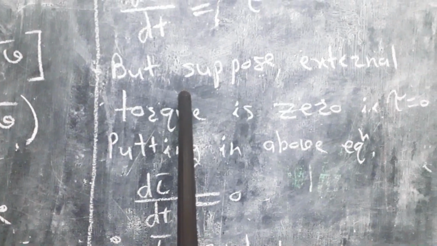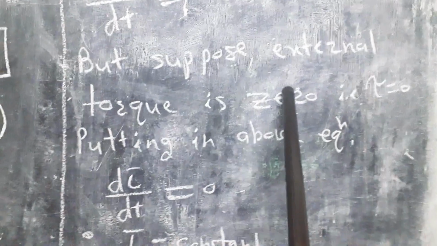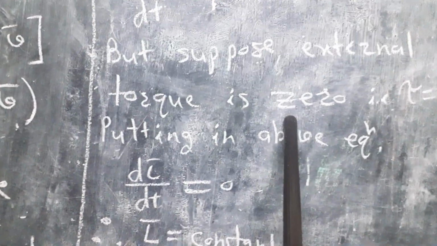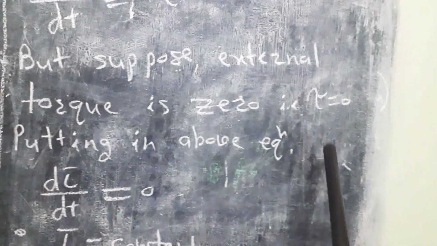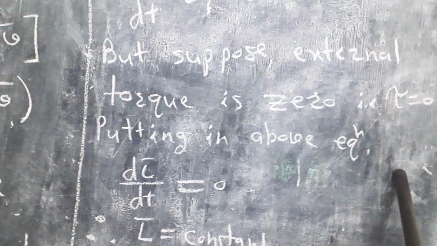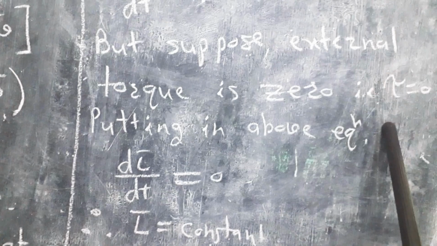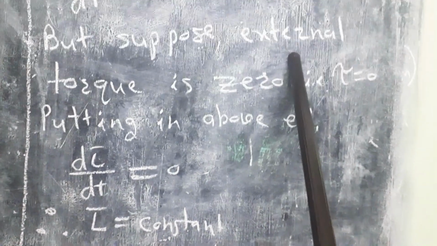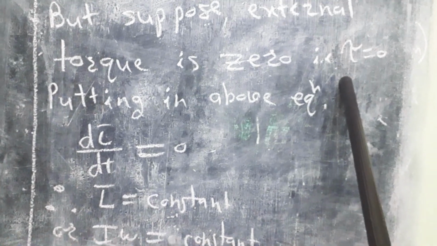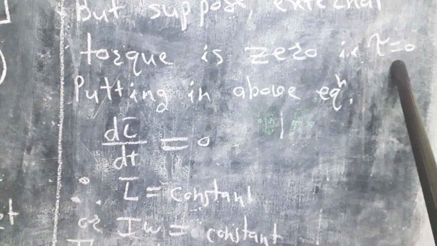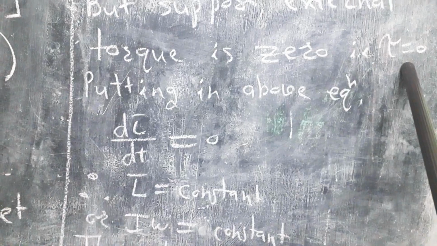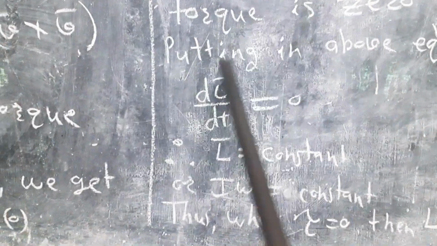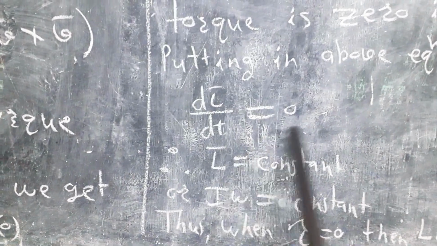Now according to the statement of the law, suppose external torque acting on the body is 0. If external torque acting on the body is 0, then we want to prove that L is equal to constant. So resultant torque acting on the body is 0 or balanced. Putting tau equal to 0 in this equation, we get dL bar by dt is equal to 0.